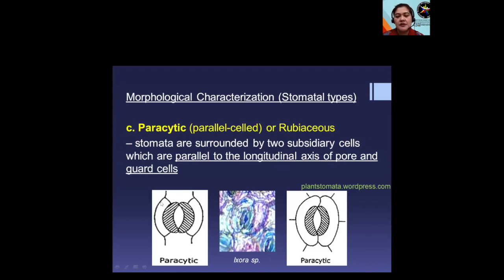But look, the subsidiary cells are smaller here, while for here, the subsidiary cells are much, much bigger than our guard cells. Okay? So an example here is Ixora. So as you can see, ito yung kanyang subsidiary cell, malayong mas malaki kesa dun sa ating guard cells.